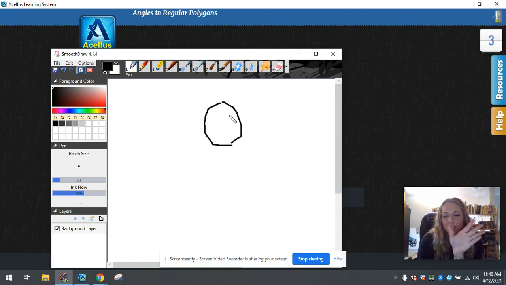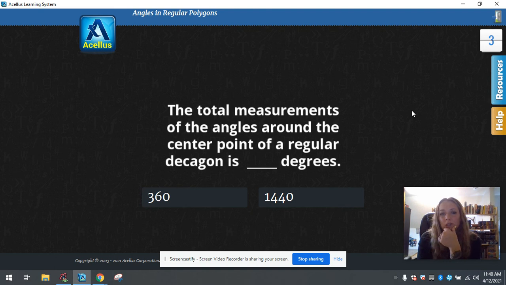This is ugly. It's a 10-sided polygon. It's not perfect, sorry. This is the center point. Pretend it's 10 little triangles going off the edges. Around the center, we would just have a circle, and the circle is 360 degrees.